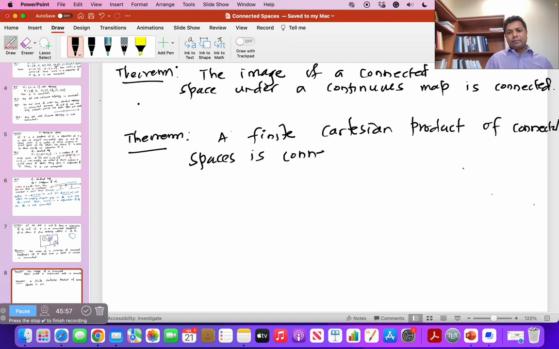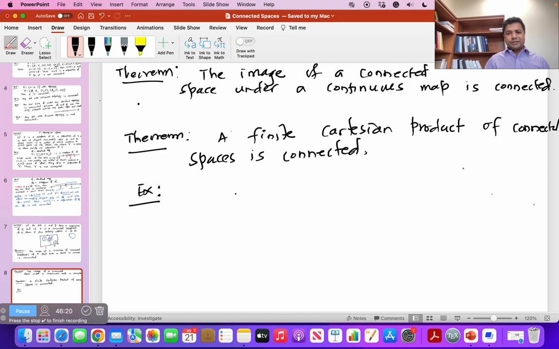So if we have connected spaces, then we can take their Cartesian product. If we have a finite number of connected spaces, we can take their Cartesian product and construct a new connected space.